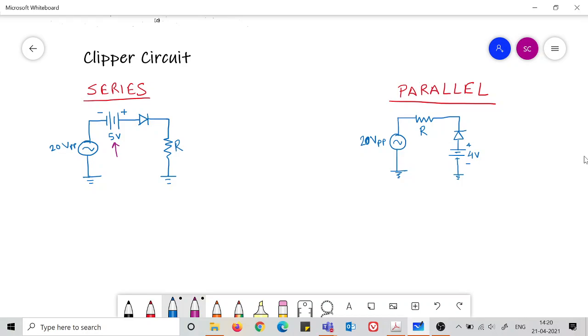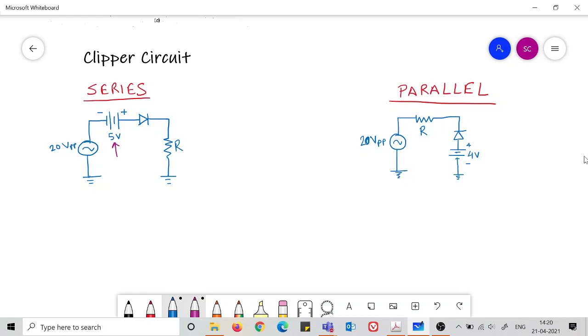As you can appreciate now, the half wave rectifier is also a clipper circuit, because the negative side is clipped off in that case. In the half wave rectifier, the positive side of the sinusoid is kept as it is, but the negative side of the sinusoid is clipped off.